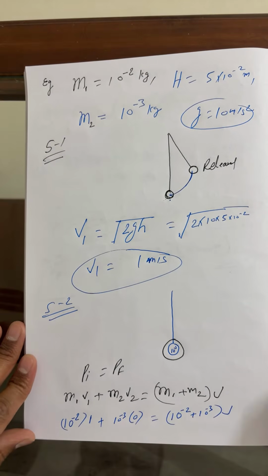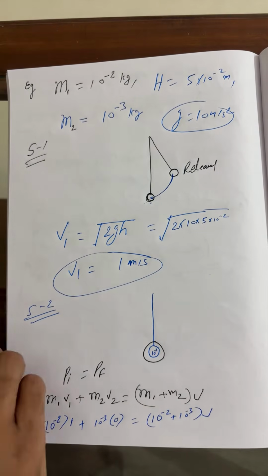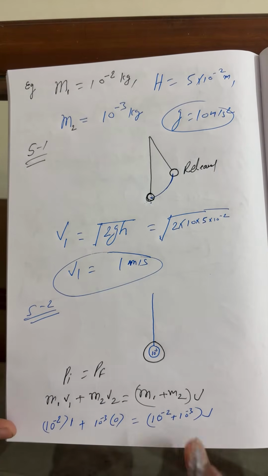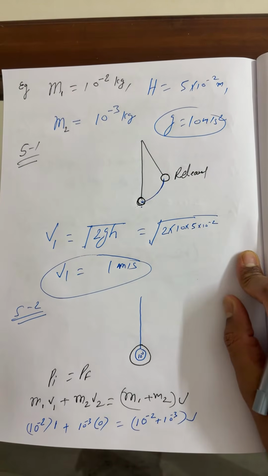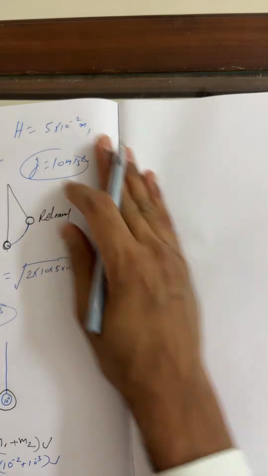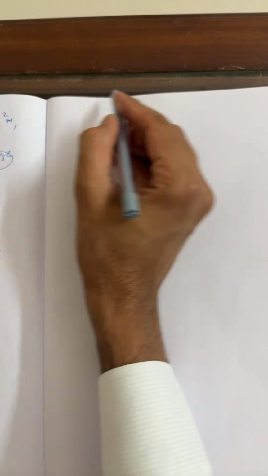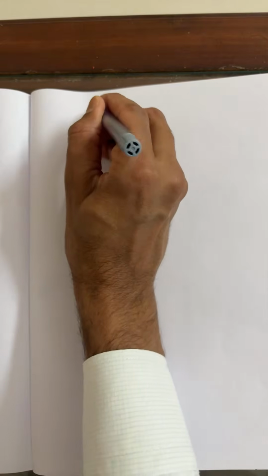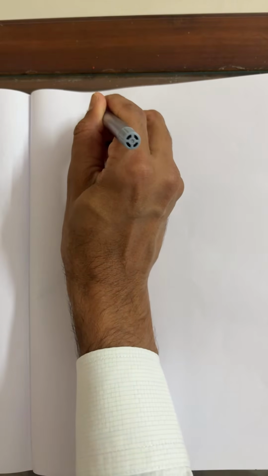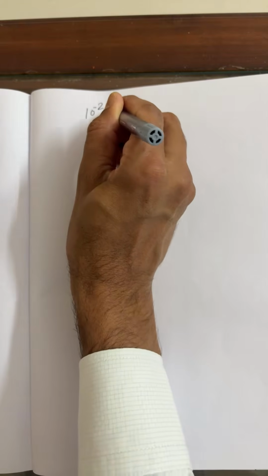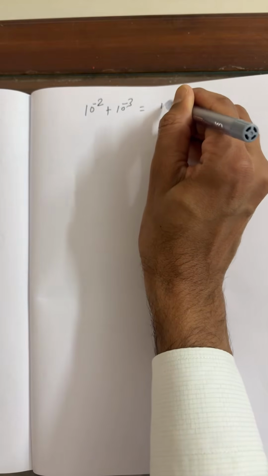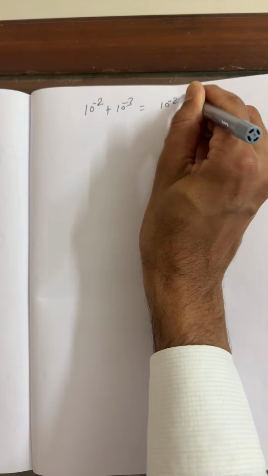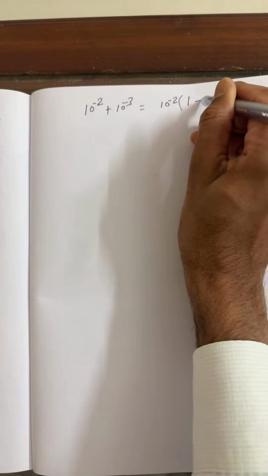Here we'll get the common velocity. Take 10 to the power minus 2 common from here, and finish cancelling each other. So 10 to the power minus 2 plus 10 to the power minus 3 equals 10 to the power minus 2 taken out, times 1 plus 0.1, into v.